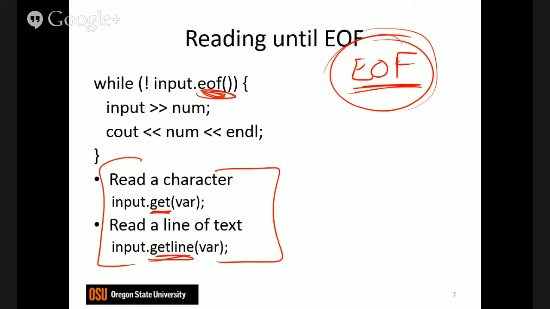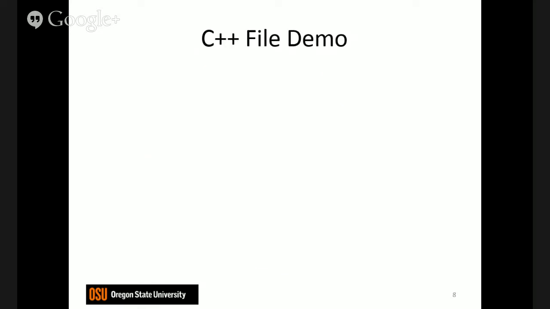If we're at the end of the file, it will return true. If we're not at the end, it will return false. You could actually bring this up into here, and that will fail if it was at the end of the file. You could do one or the other, but I'd like you to know that there is something special out there called an EOF, an end of file.